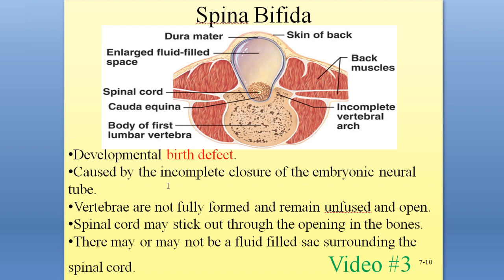Now, when the spinal cord protrudes out of this opening, it can cause damage to the spinal cord. And so there's a big array of severity when it comes to spina bifida.